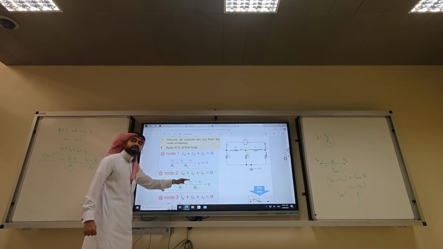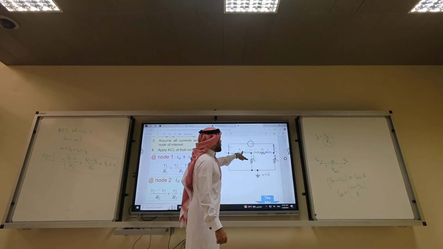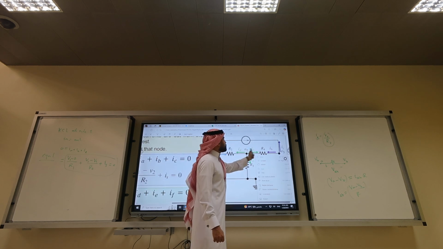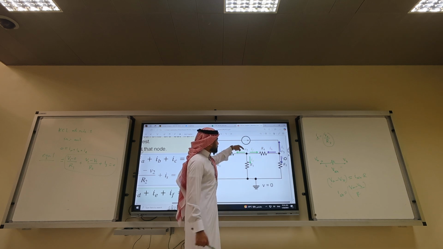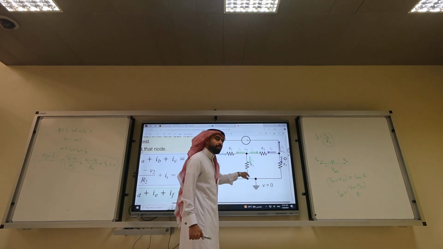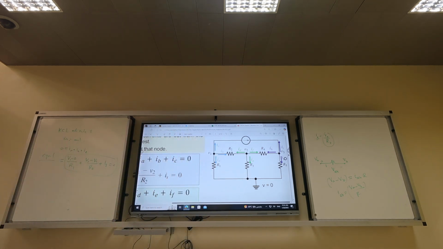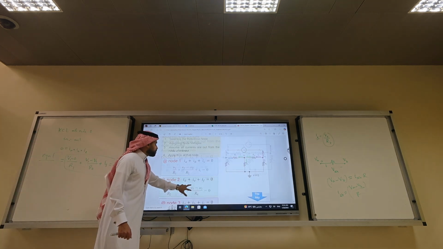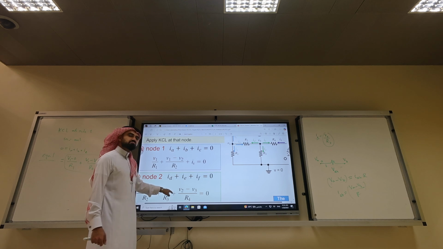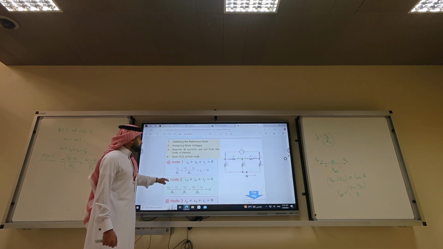We write them as a function of voltages. Equation IF is V2 minus V3 over R4. Equation IE is V2 minus 0. Put the minus 0 like I did here, so that you don't confuse yourself. V2 minus 0 is V2 over R3. So this is equation number 2.